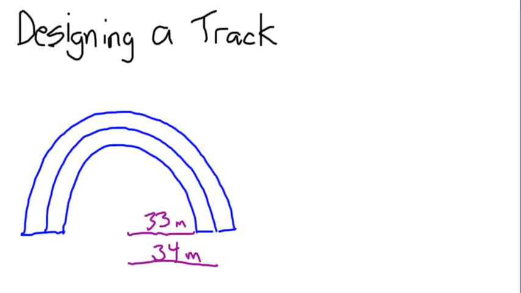The distance from the center of the track to the inside of the first lane is 33 meters, and to the inside of the second lane is 34 meters. So we're going to be looking for the arc length.